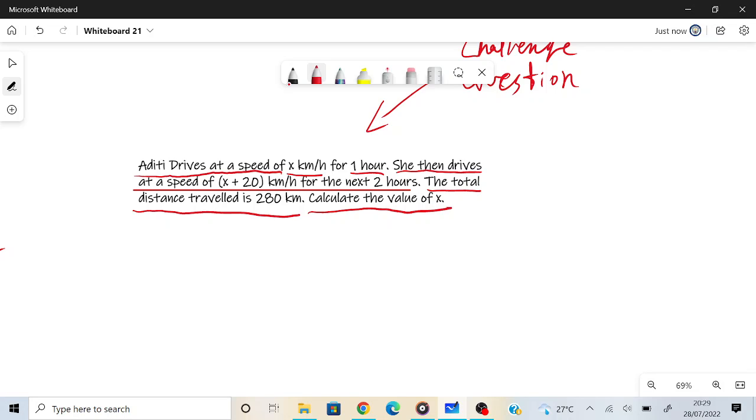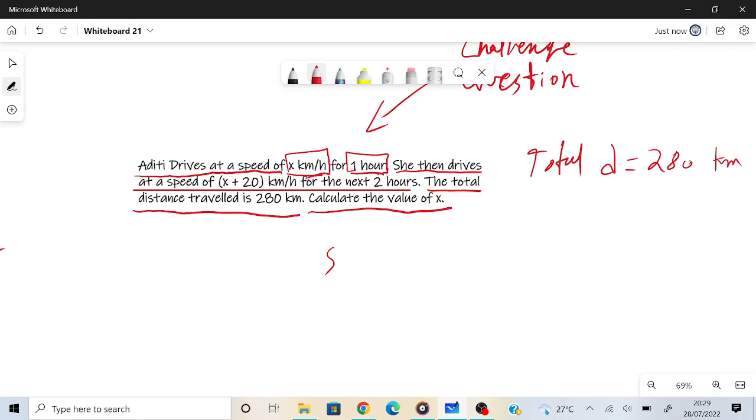First things first, it's a total distance traveled. Our total d is 280 kilometers. Now we need to see the other part of the information. It says Aditi drives at a speed of x kilometers per hour for 1 hour.